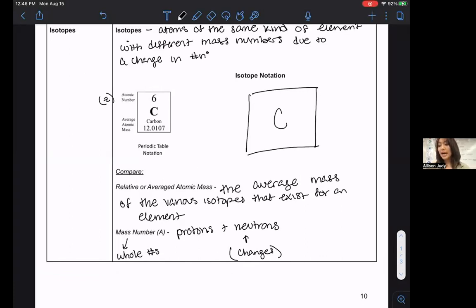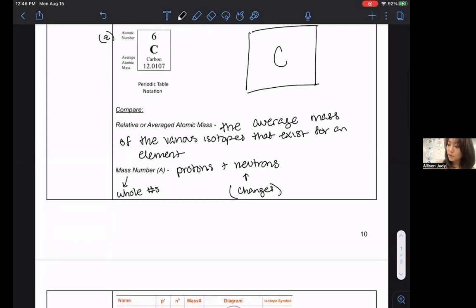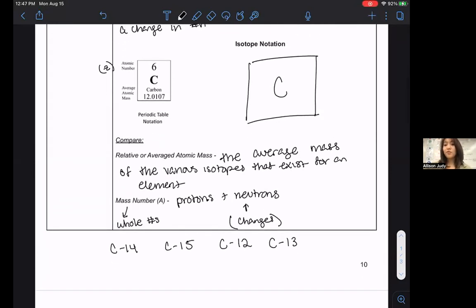If I were to write the isotope notation for carbon, here are some possible carbon isotopes that exist out there: carbon 14, carbon 15, carbon 12, and carbon 13. If I were to write the isotope notation for carbon 14, I would put the mass on top, 14, and of course we know it's in AMU.